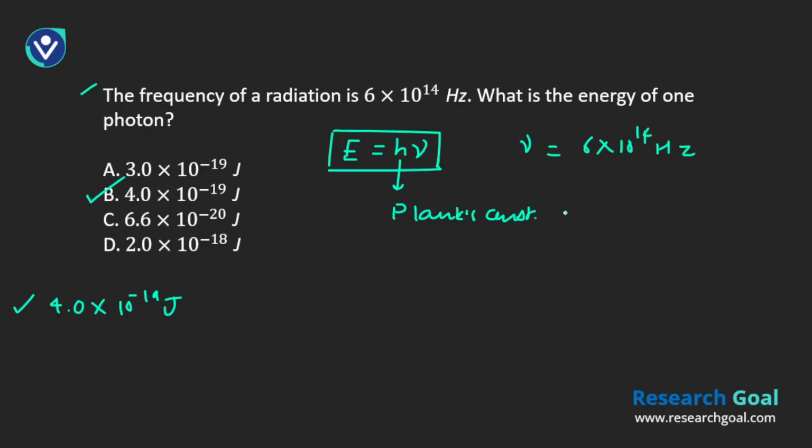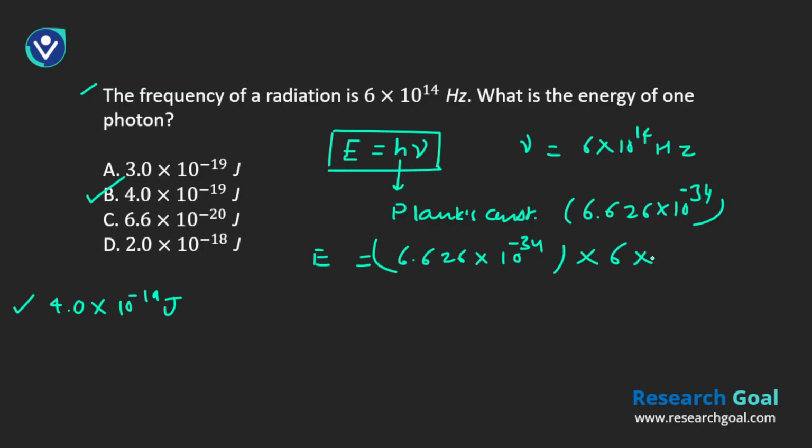The value of Planck's constant, you need to remember, is 6.626 multiplied by 10 to the power minus 34. So E is equal to 6.626 multiplied by 10 to the power minus 34, multiplied by 6 into 10 to the power 14. The value will be approximately 4 into 10 to the power minus 19.